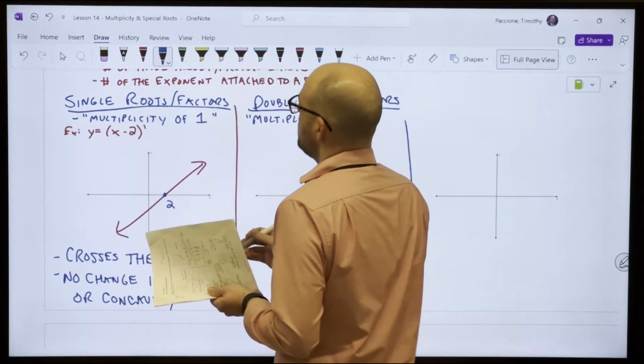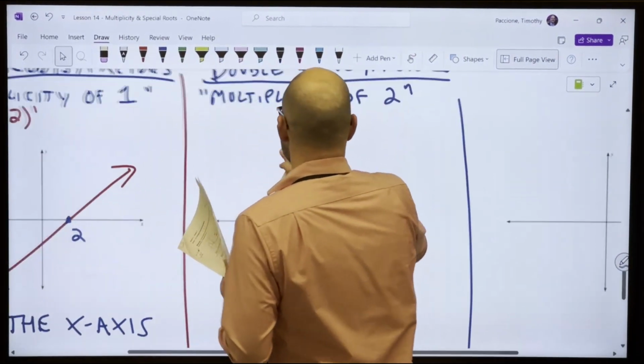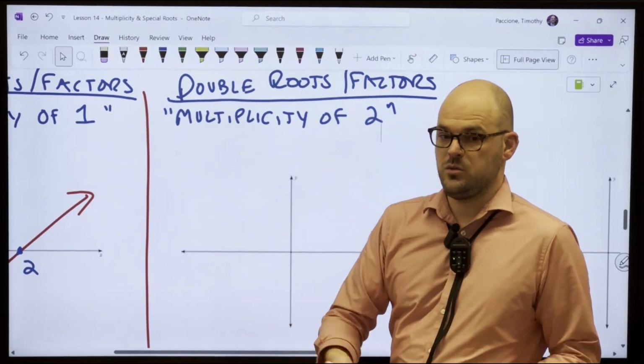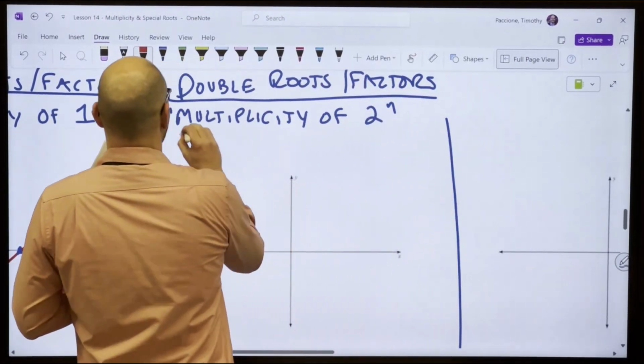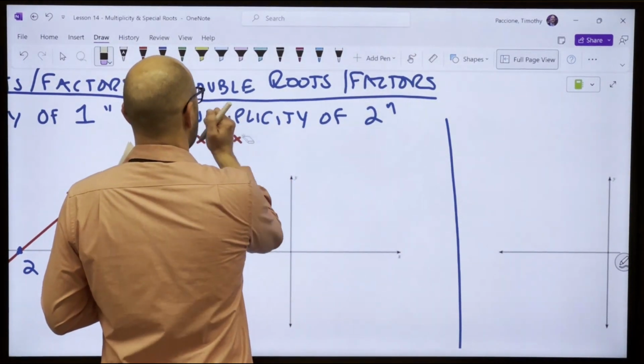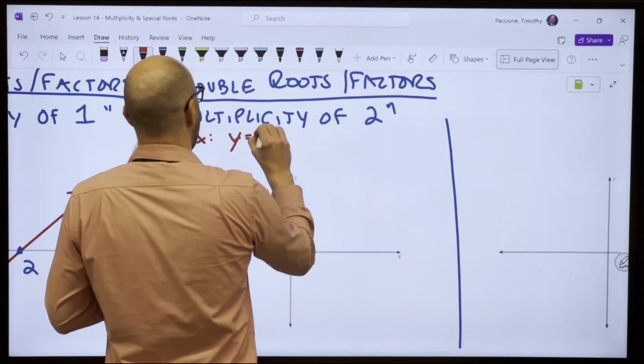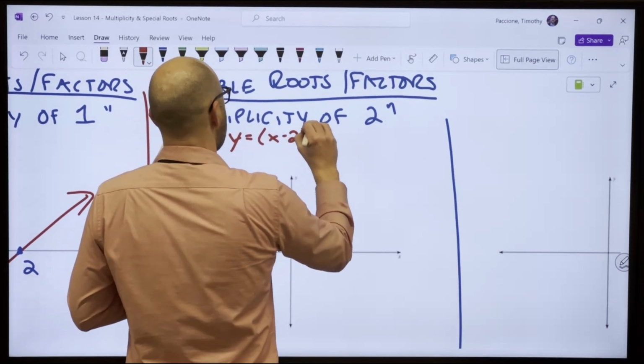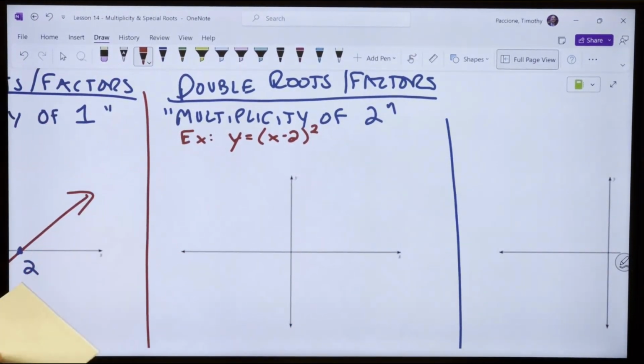And we're going to extend our example. So instead of x minus 2 to the 1, we'll say y equals x minus 2 to the 2. So we know there'll be a double root at 2.